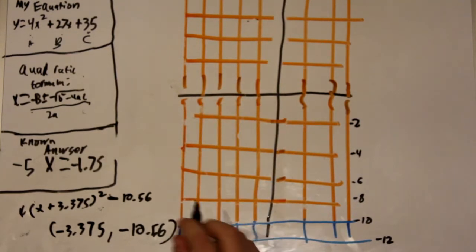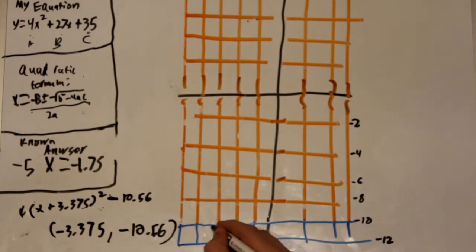About right here. Then we're going to go down to negative 10.56. So about right there. It's hard to be very, very precise on this kind of uneven graph. So now that we have our vertex out of the way, now we need to know the slope of the graph.